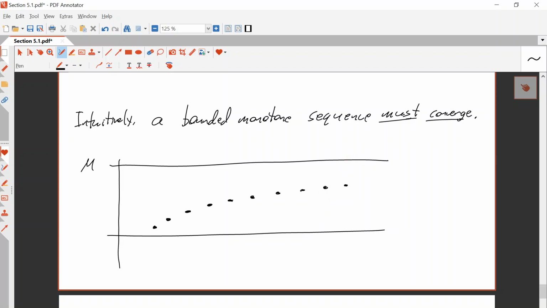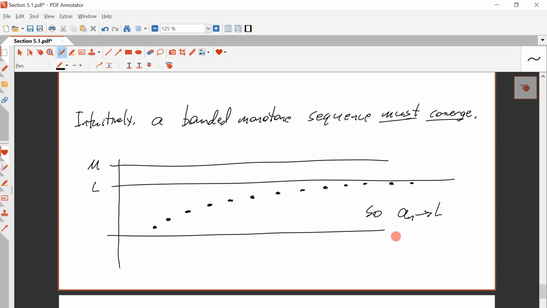Not that it has to converge to that upper bound, but there is some least upper bound to which it does converge, which you may not know about ahead of time. That least upper bound for this non-decreasing monotone sequence is what the limit must be. So a_n converges to L, where L is the least upper bound.